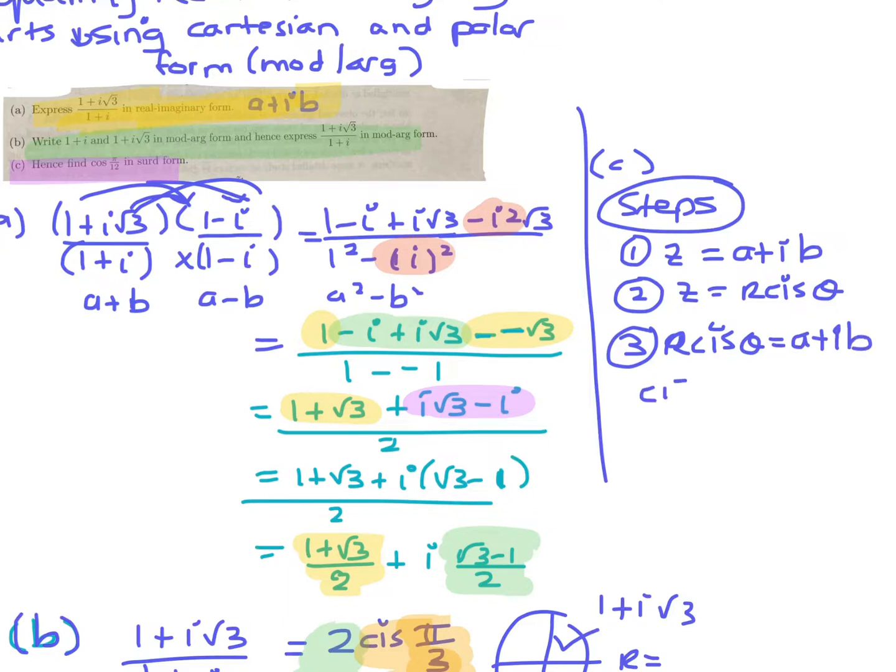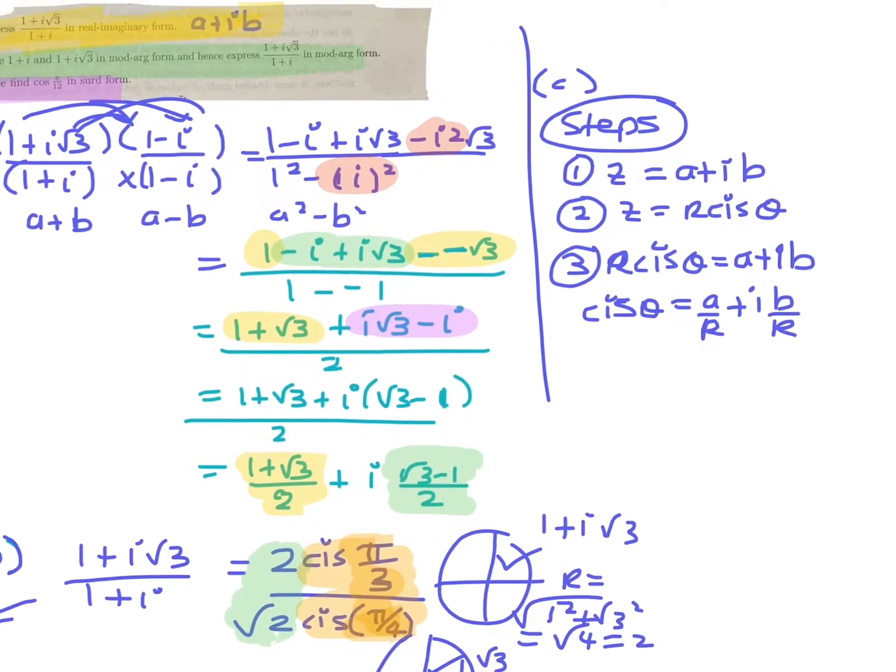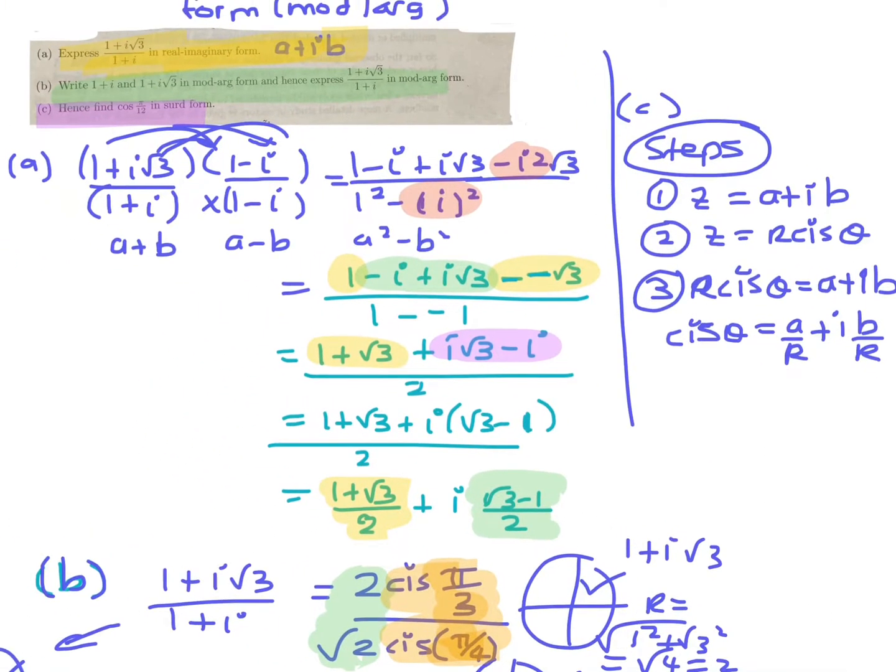That means that cis theta, if I divide by r, would be a over r plus ib over r. Can you see that's just fitting the triangle if you plotted the complex number? If that was a and b, and that was r, then you're just finding a and b in terms of theta and r.